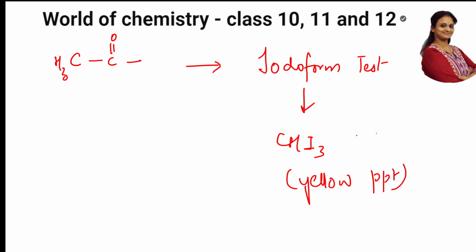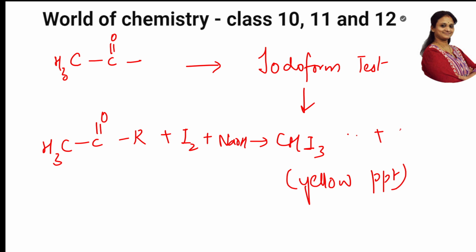Along with the yellow precipitate, if I take methyl ketone this way, R plus iodine plus NaOH, you will be getting the iodoform precipitate along with RCONa. So methyl ketones are going to give me the iodoform test or iodoform reaction.